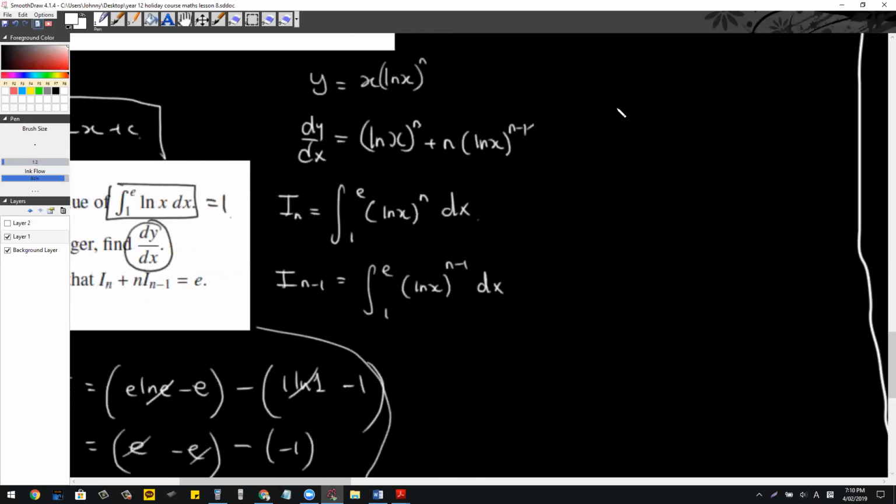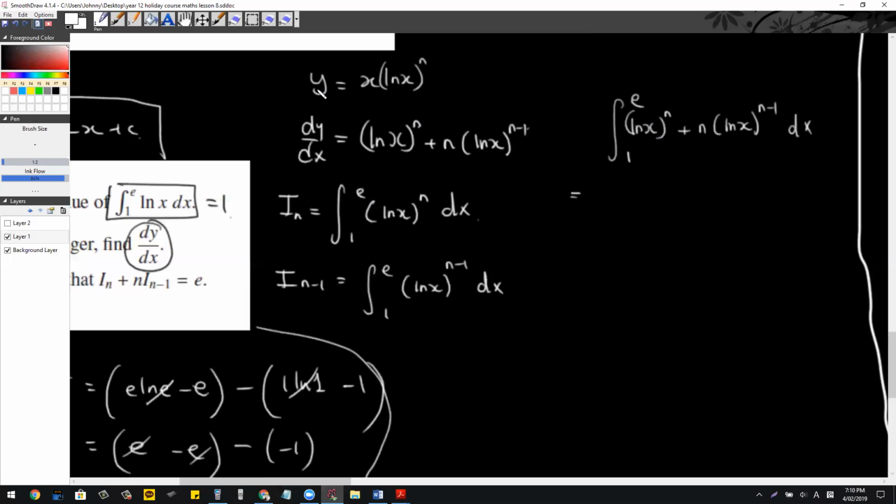So the integration of ln x to the power of n plus n ln x to the power of n minus 1 dx, from 1 to e by the way, is the same as this bit.